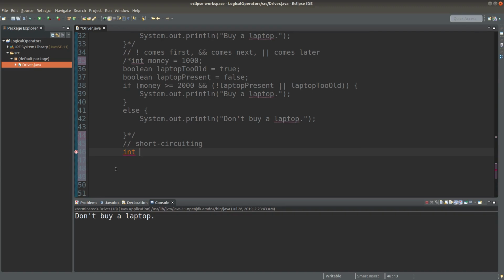Suppose I have 9 people. And at the same time, I have 25 oranges. If I want to see how many oranges a person can get, I can do something like this.